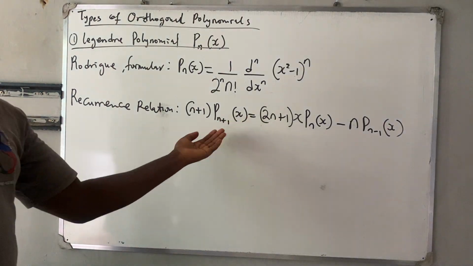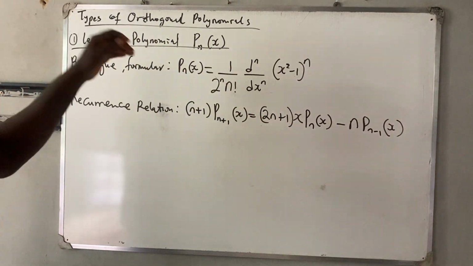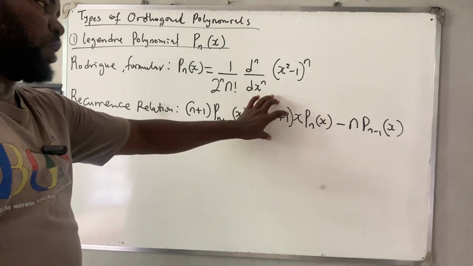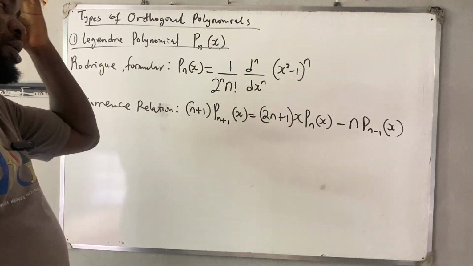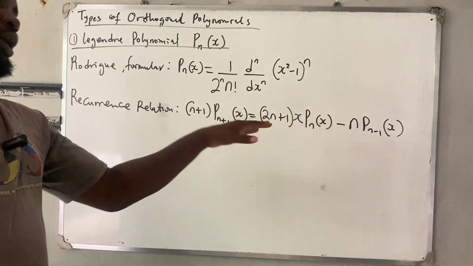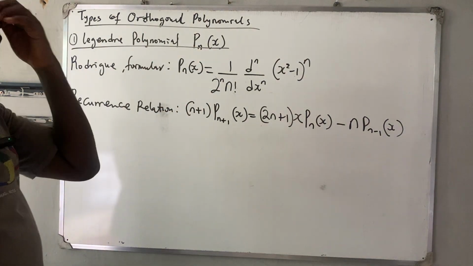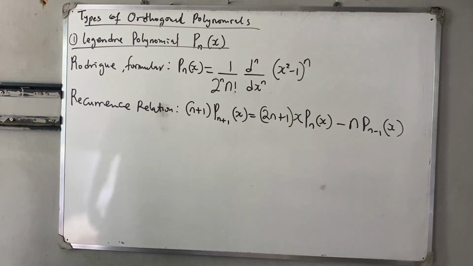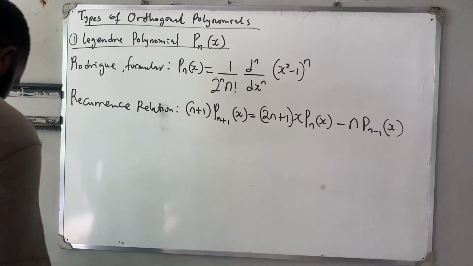Since we know this, even if you don't want to use the other formula, you can equally get each of the polynomials using this recurrence relation. Any of them will give you all your P_n(x). So that's the first one.